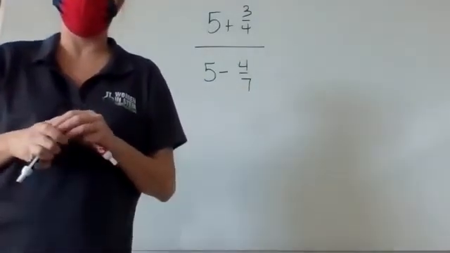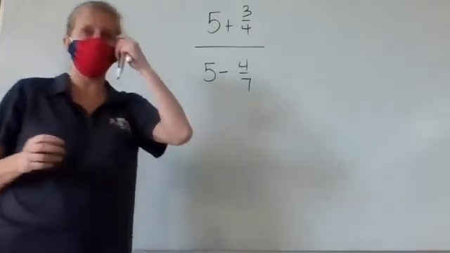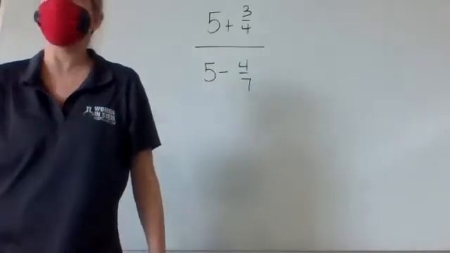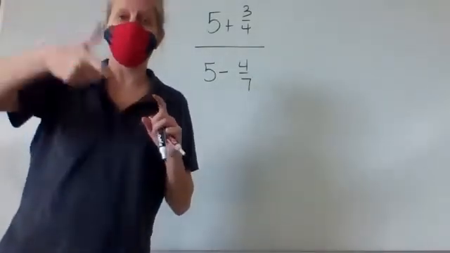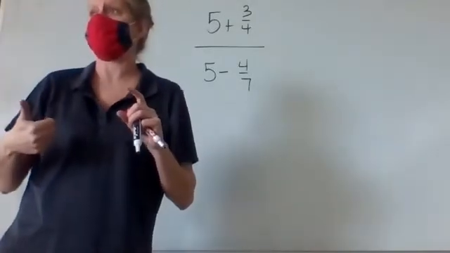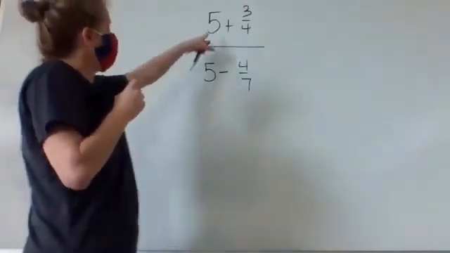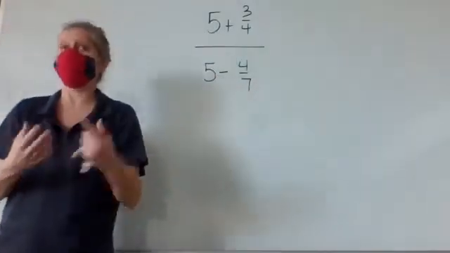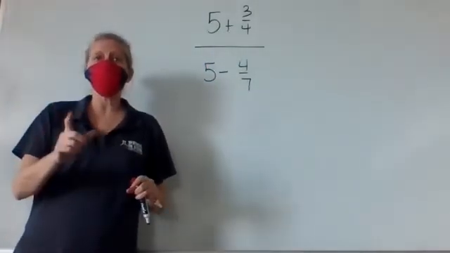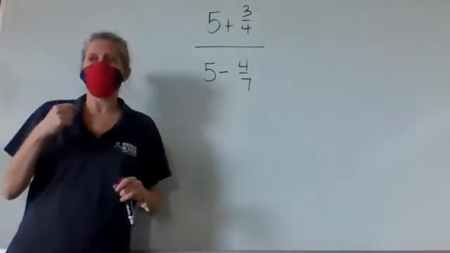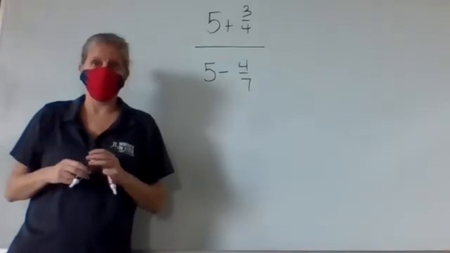There's several different ways to do these, but one way is to go by the rule that the actual definition of division means to multiply by the reciprocal, and the reciprocal means to flip it upside down. So if I can get the top and the bottom to be one term by adding that together and subtracting that, then I'm going to use that multiplying by the reciprocal rule that division is.